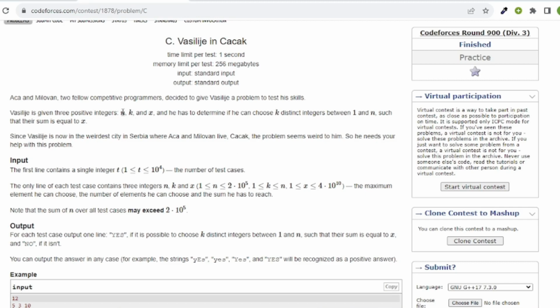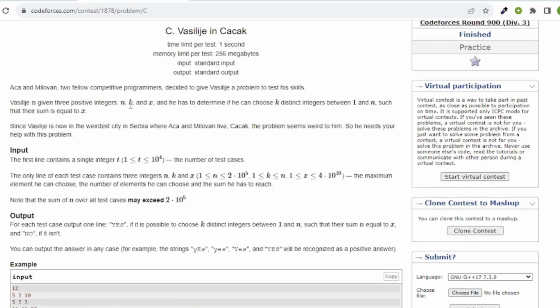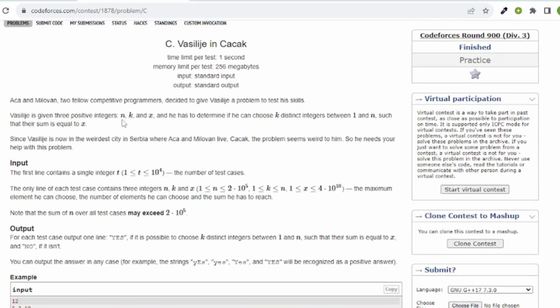So we are basically given three positive integers n, k, and x, and we have to determine whether we can choose k distinct integers between 1 to n such that the sum of those chosen k integers is equal to the given value x.